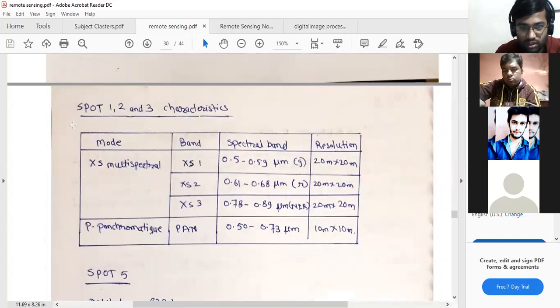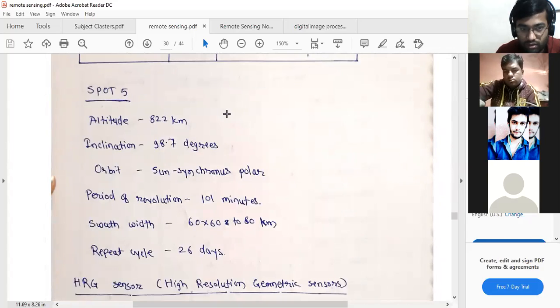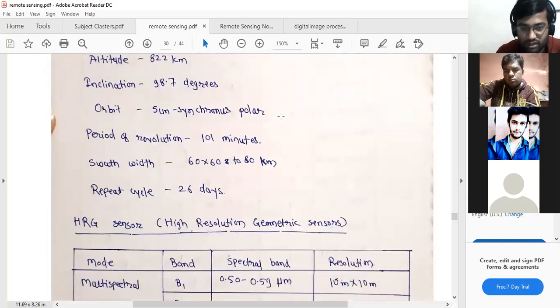Then data for SPOT 1 to 3. Here panchromatic resolution is 10 meter by 10 meter. SPOT 5: altitude 822, inclination 98.7 degrees, orbit sun synchronous polar, period of revolution 101 minutes, swath width, repeat cycle, like this.